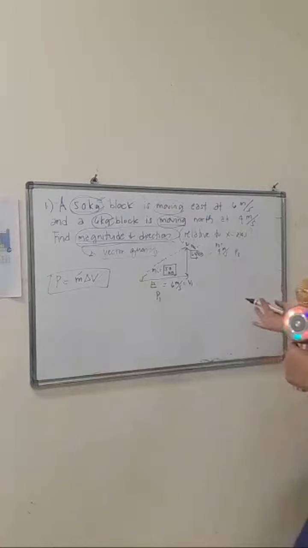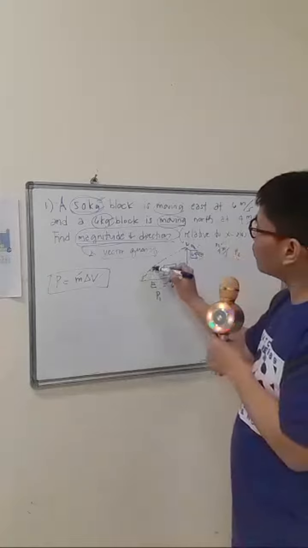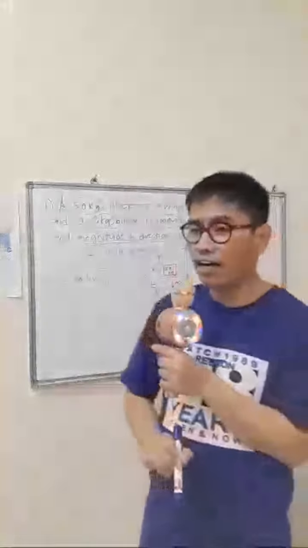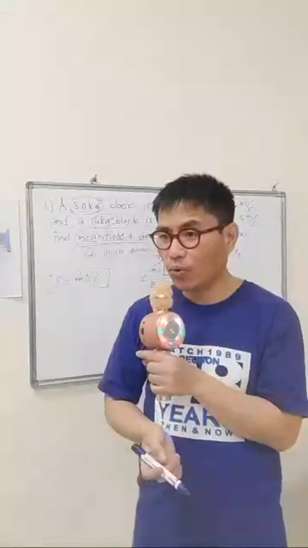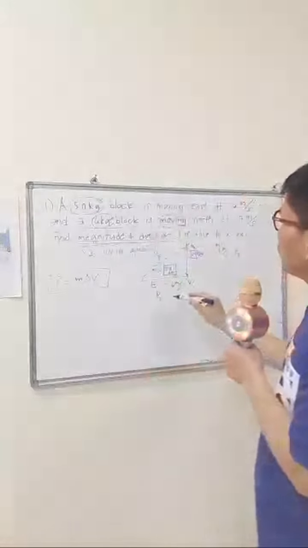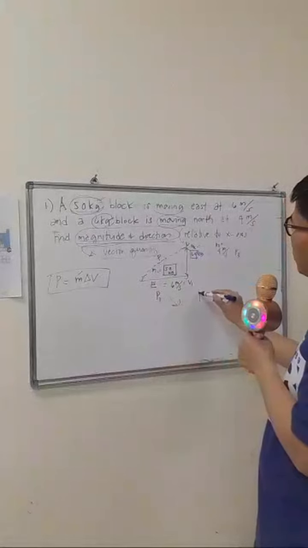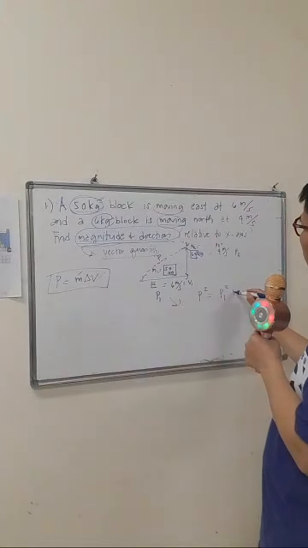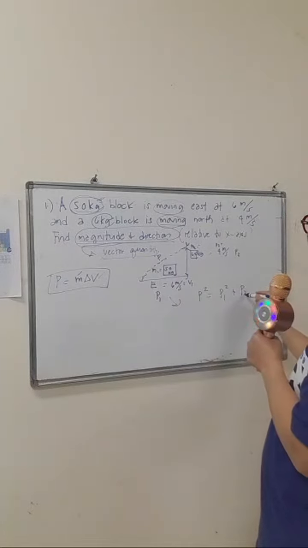So this hypotenuse here is P, which is equivalent to the hypotenuse of the Pythagorean theorem. Now you need to use the Pythagorean theorem. P squared is equal to P1 squared plus P2 squared.